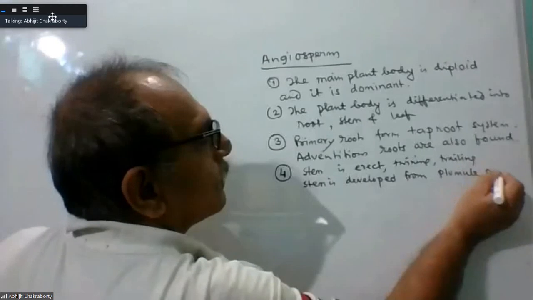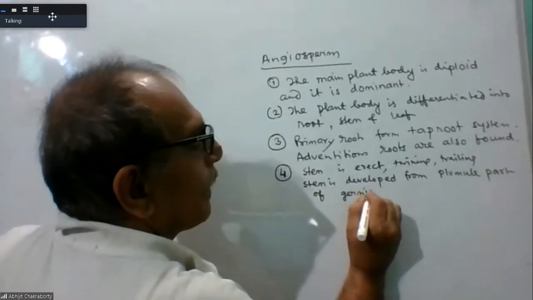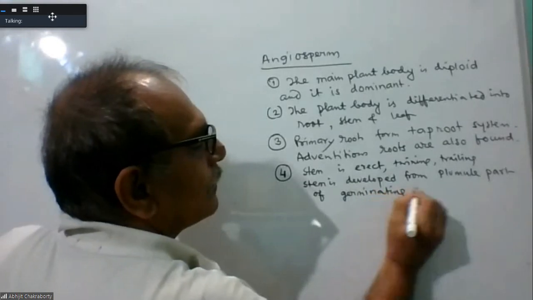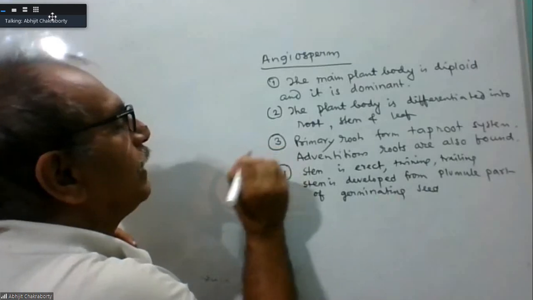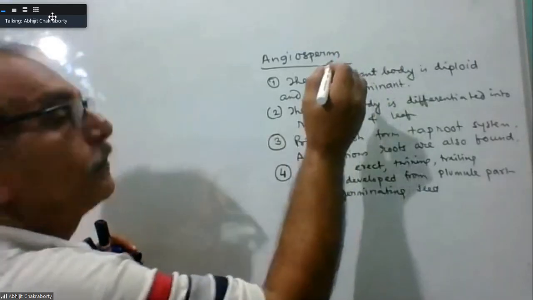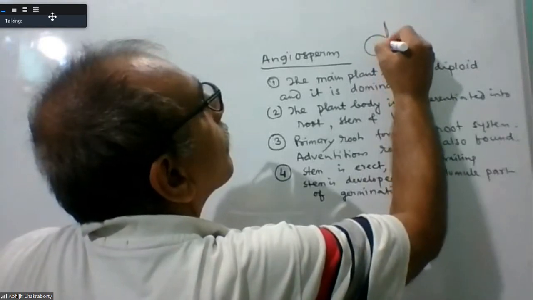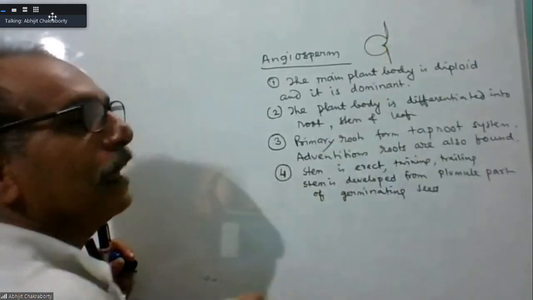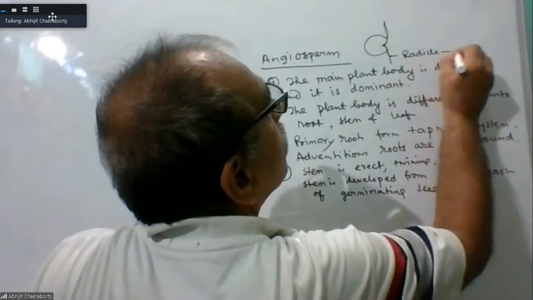Plumule part, germinating seed. And this root is developed from the radicle part. Look at one thing. In a germinating seed, this is the radicle, which gives rise to root.